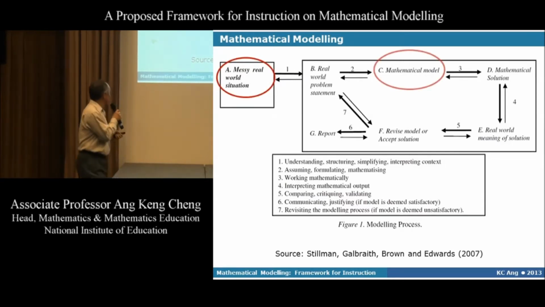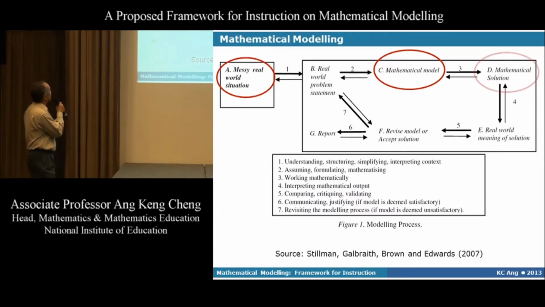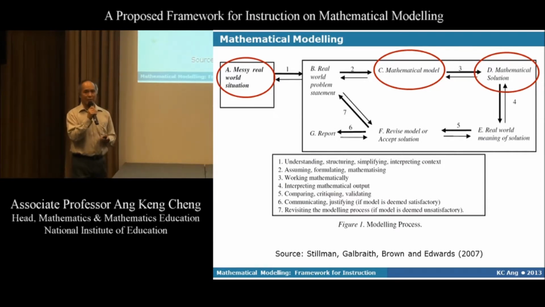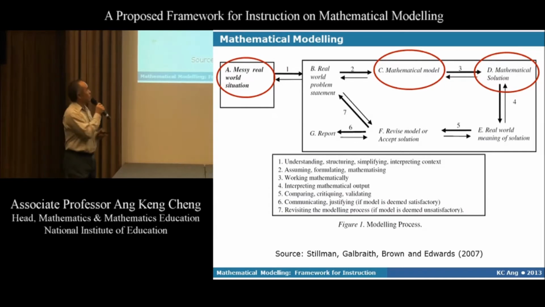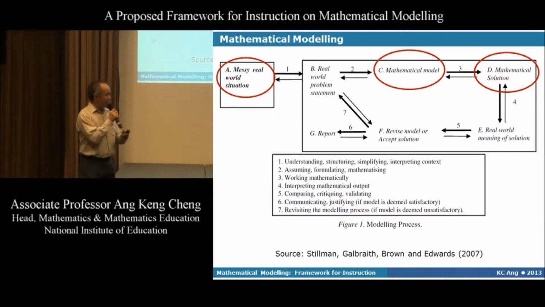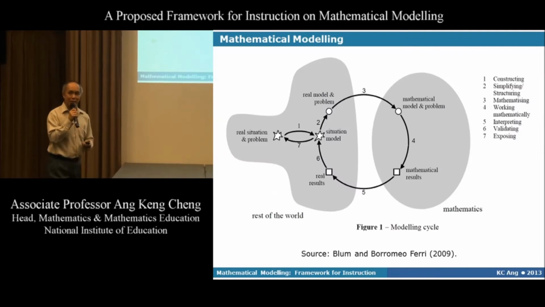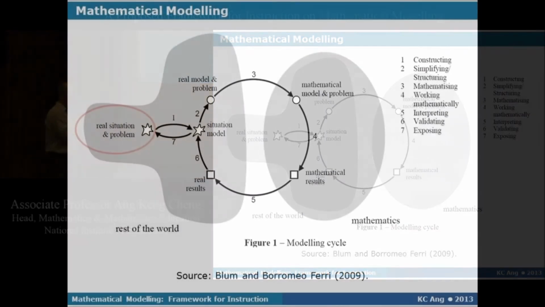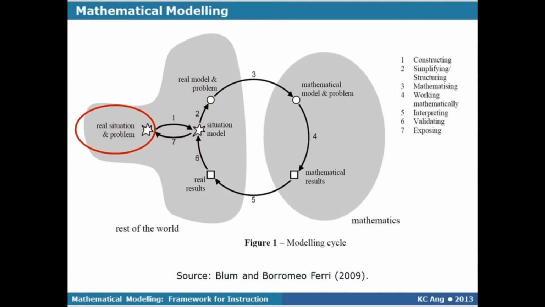Essentially, if you look at this diagram, it's still the same thing. You start with a messy real-life problem, and then you try to construct a mathematical model to solve it. Here's another one, from Blum and his colleagues. Same thing. They start with a real situation or problem, and then move on to a mathematical model, and then solving it, and they call it mathematical results. It's the same thing as a mathematical solution.